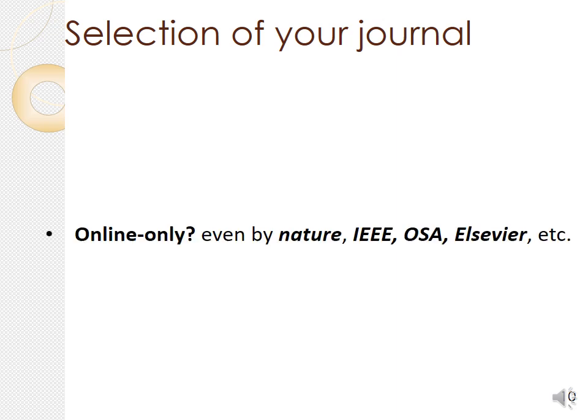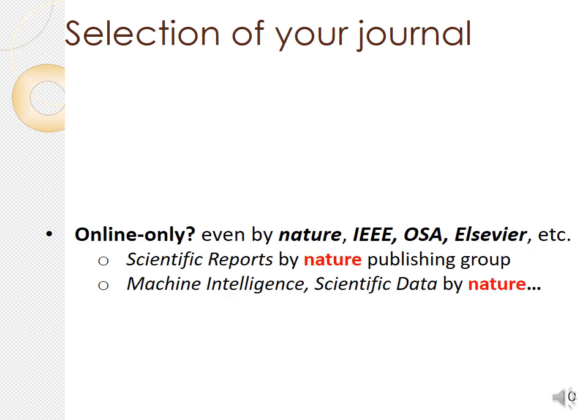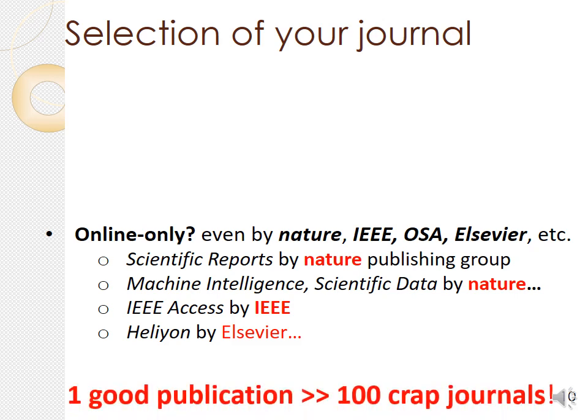Selection of your journal: online only is not a problem, because even Nature, IEEE, Optical Society of America, Elsevier, and Springer are publishing new journals online only, and those are good journals as well, and very difficult to publish in, not so easy. However, Nature has Scientific Reports, but Nature's other journals are not equivalent to Scientific Reports.